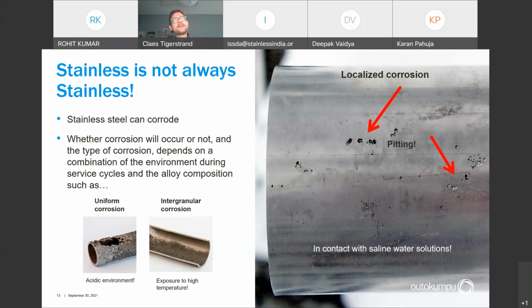Then sometimes when you are exposing the material at high temperature, and that is for the austenitic stainless steel, but also ferritic stainless steel, the lower alloy, you can suffer from intergranular corrosion. That is, corrosion happens between the grains in the microstructure due to chromium depletion in the grain boundaries, and that we will talk more about in the next session, but it will be mentioned here today as well.